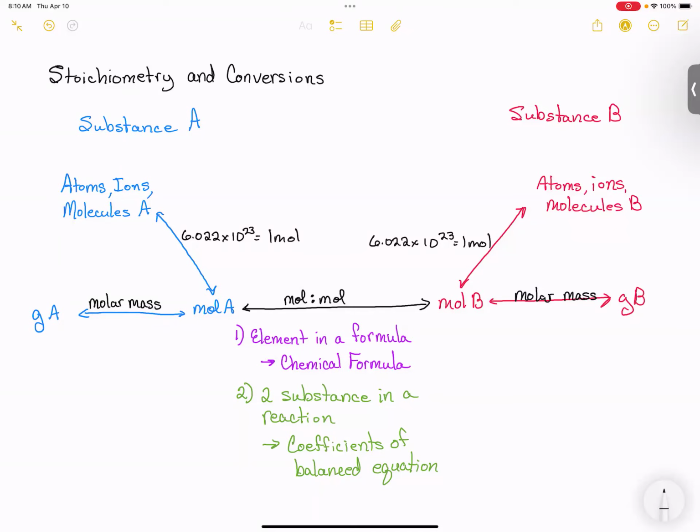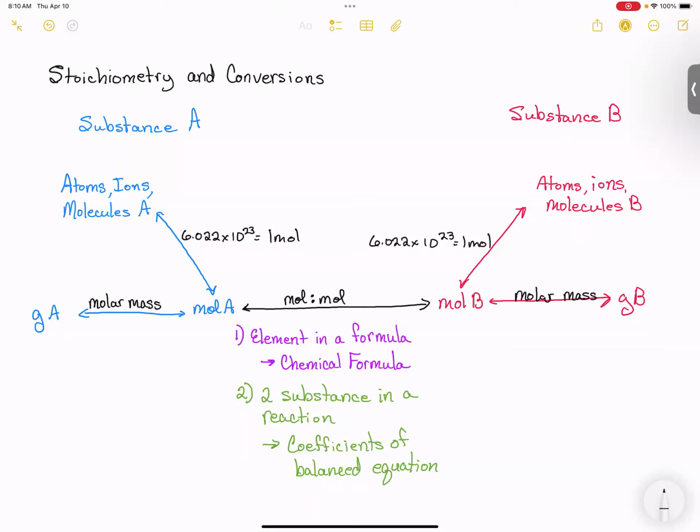The other location where we can get the mole to mole ratio, as I showed you on Tuesday, is from the coefficients of the balanced chemical equation. You'll use the coefficients anytime you're converting from one substance in a chemical reaction to another substance in the chemical reaction. So in other words, that second variation is related to using a chemical reaction.